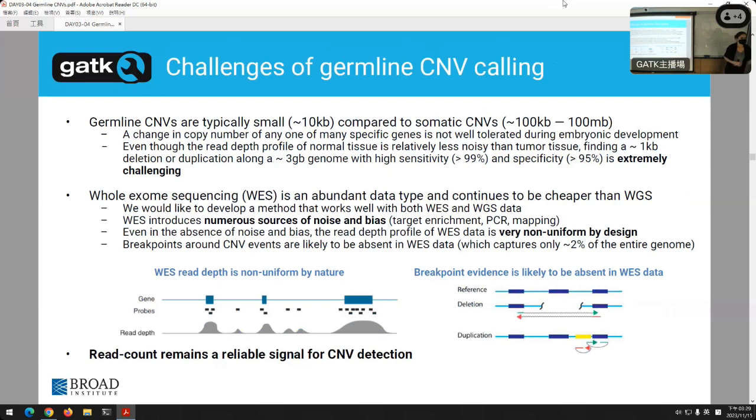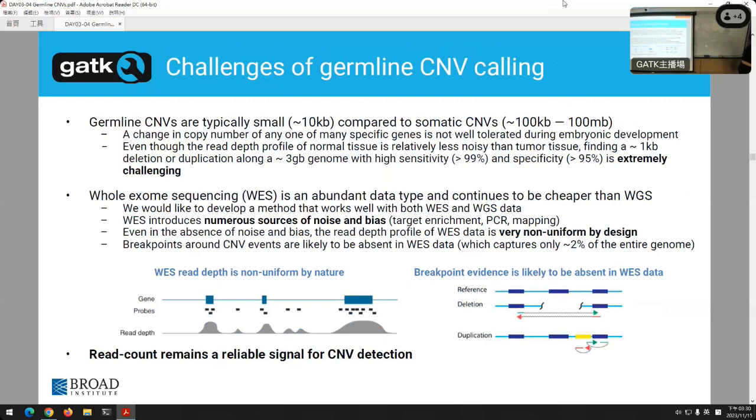They use PCR in library prep, but they also are enriching for the exome, right? The entire purpose of whole exome sequencing is to capture just the coding regions. So by definition, the coverage is going to be uneven in an exome.